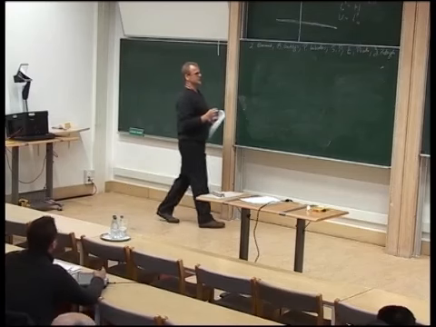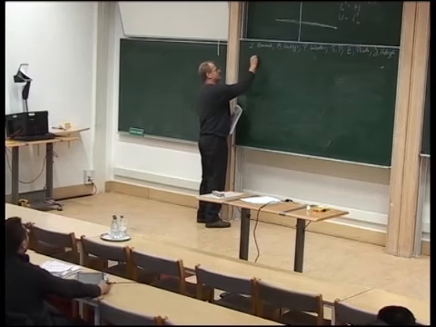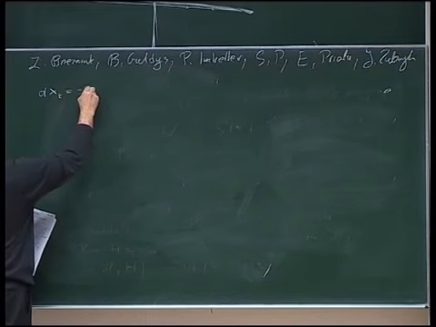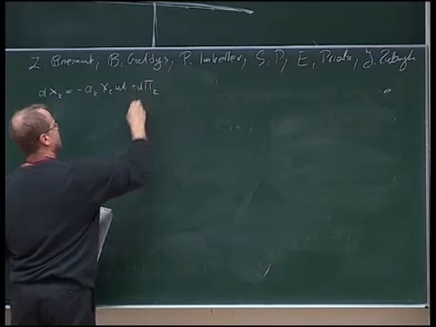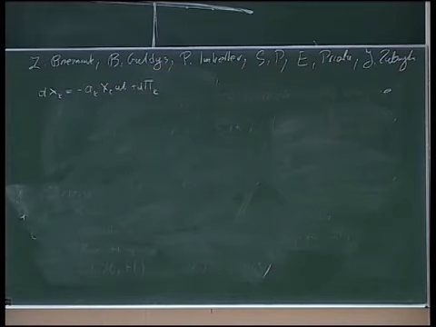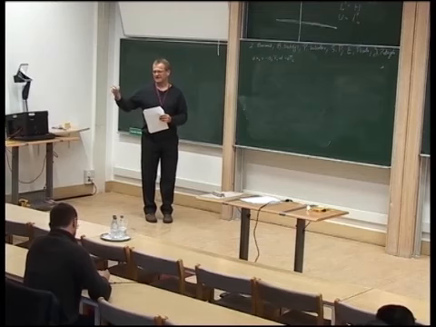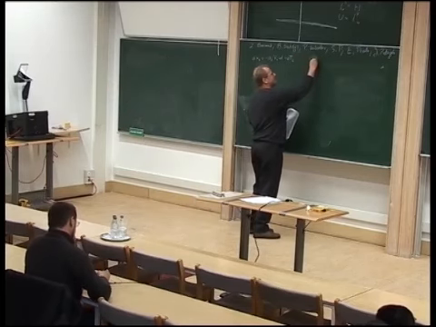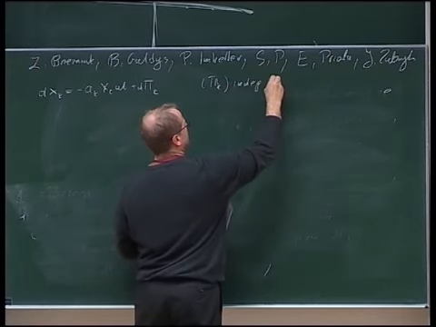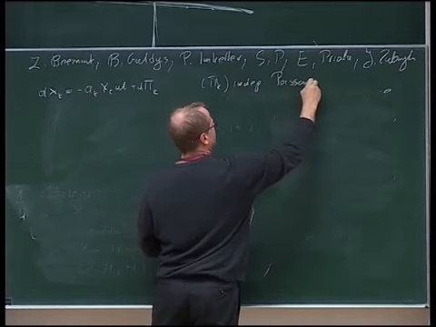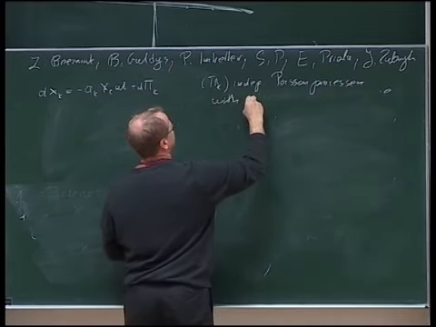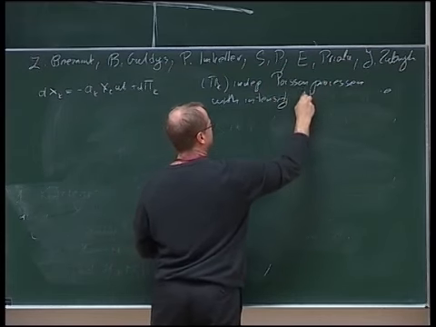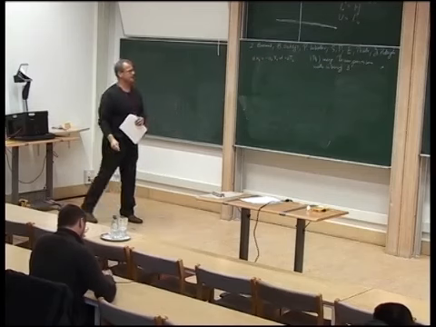I just restrict to the case when we have this situation, ak xk plus pi k, where pi k are independent Poisson processes, each with intensity 1.